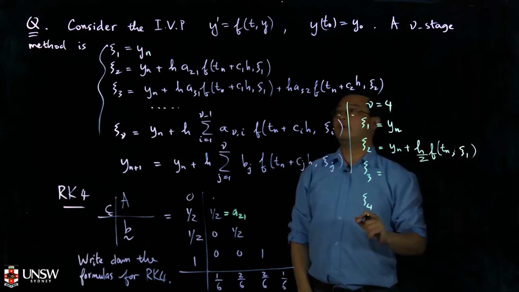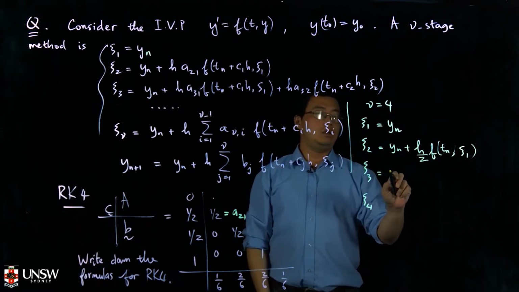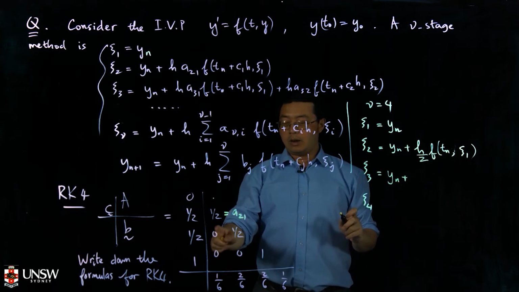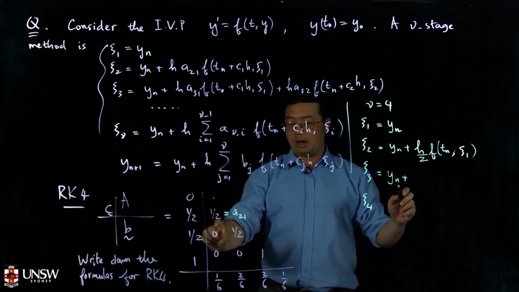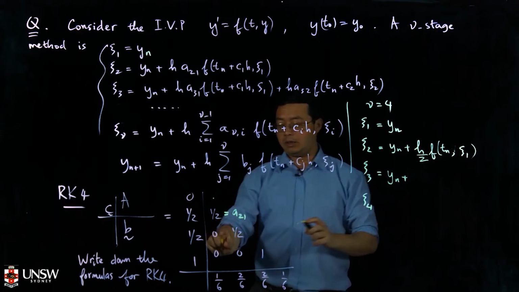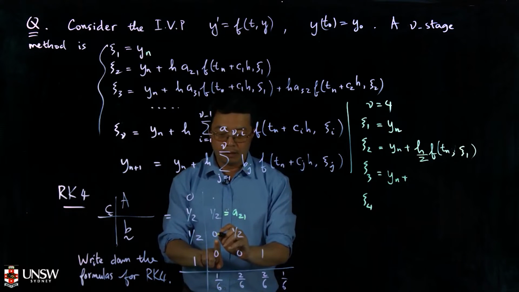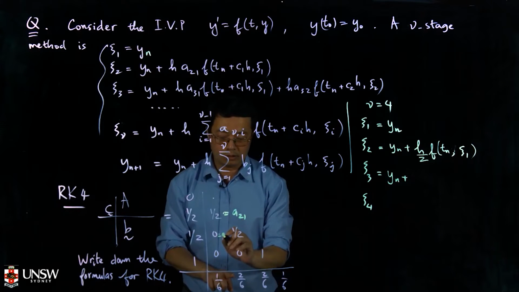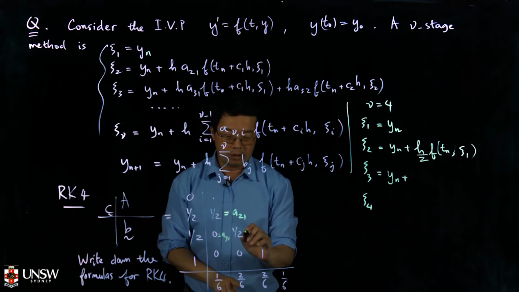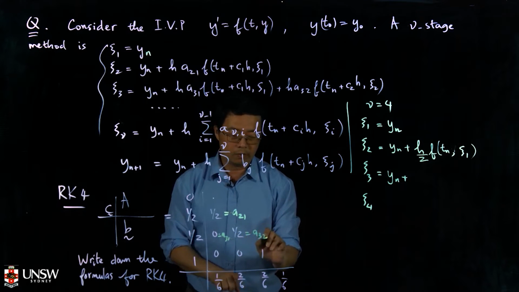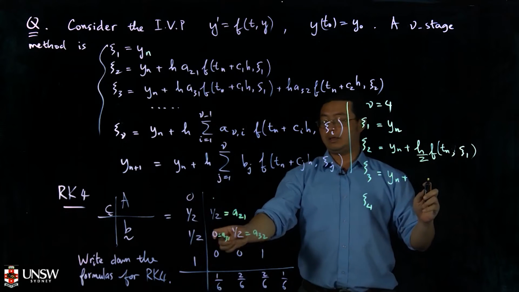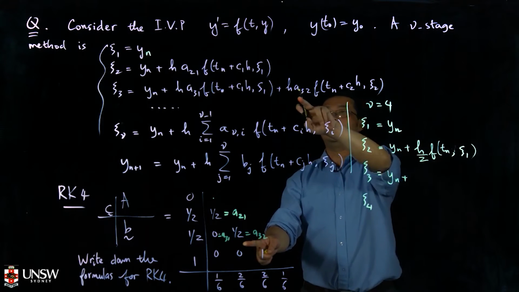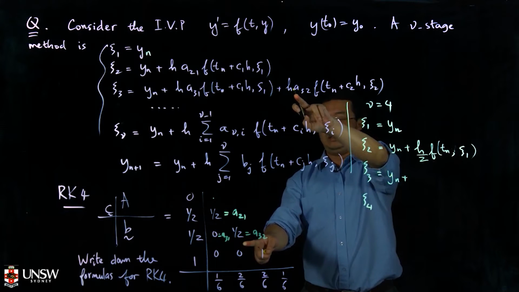And then xi3 will be yn plus, okay, so now you have to take A31, but because A31 equals 0, you don't write anything. So this one is A31, and this one is A32. So A32 is here, and A32 is 1/2.